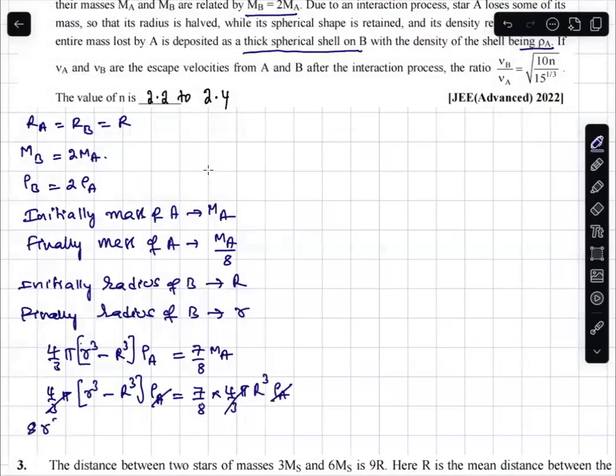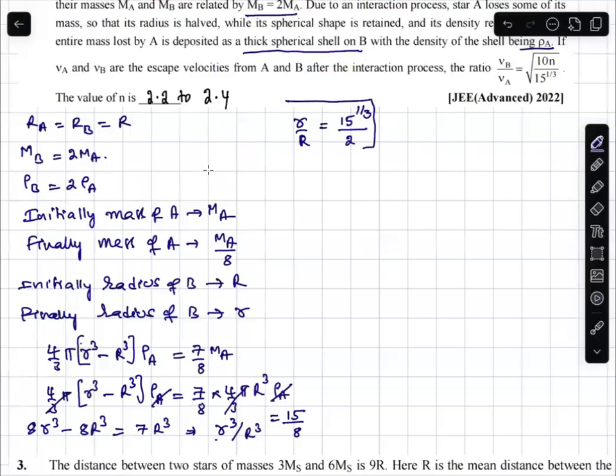Finally, this is 8r cube minus 8 capital R cube is equal to 7R cube. So wherever I have r cube by capital R cube, I can write it as 15 by 8. Therefore, small r by capital R can be written as 15 power 1 by 3 by 2. Remember, this is a very important relation. Later, I am going to use it.